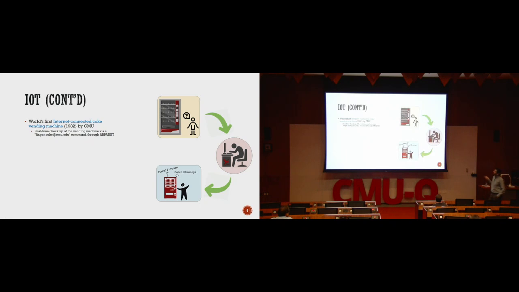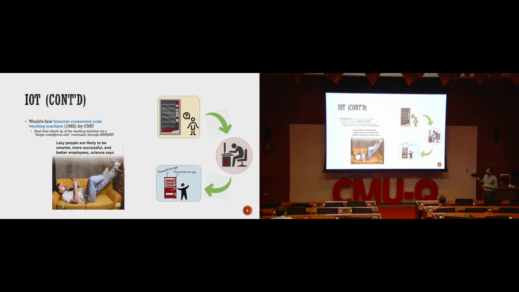Based on that, you could check the status of the cans on your computer. So that was a little bit of laziness combined with intelligence. Combine both these things, you get smart applications. That was the very first thing that was connected to the internet, and that very first thing was a Coke vending machine. So this shows you the passion for Coke as well. And science also backs this fact, that sometimes this laziness comes in handy if it is coupled with intelligence.